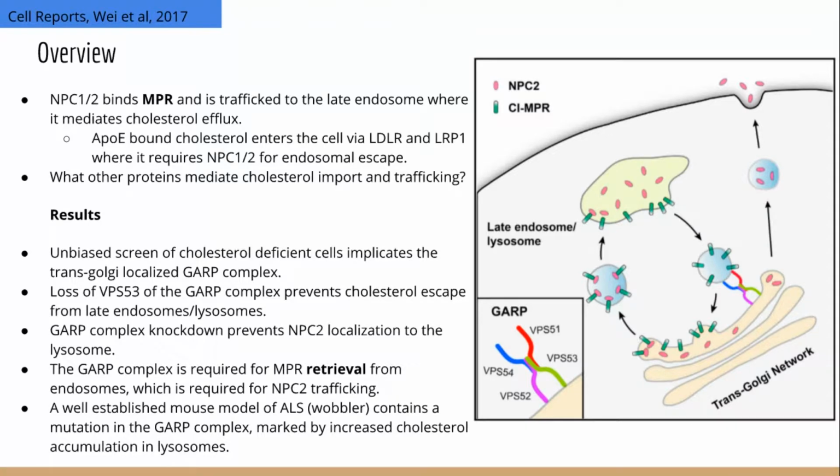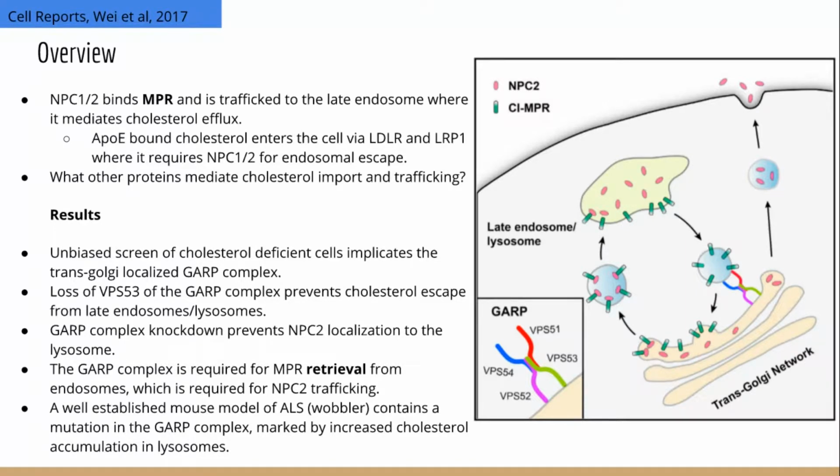They identified 2 mutants, and following whole genome sequencing, found that these 2 mutants contained mutations in a protein called VPS53 of the GARP complex. When they knocked down VPS53 in wild-type cells, it prevented cholesterol escape from the late endosomes and the lysosomes.